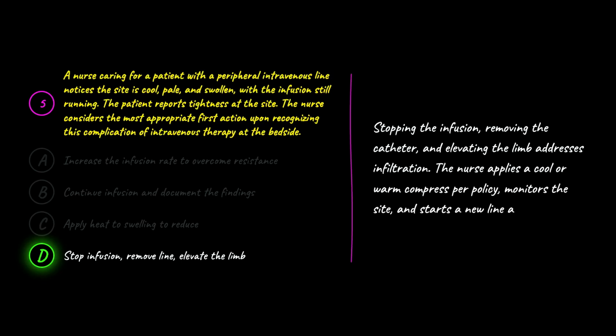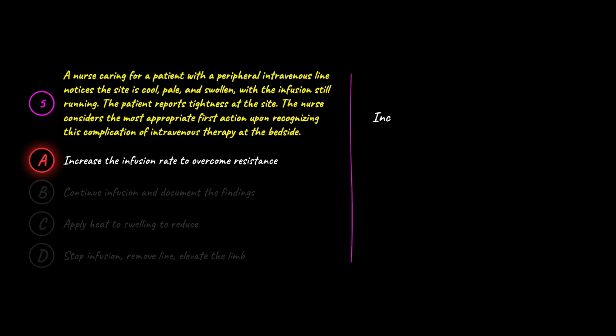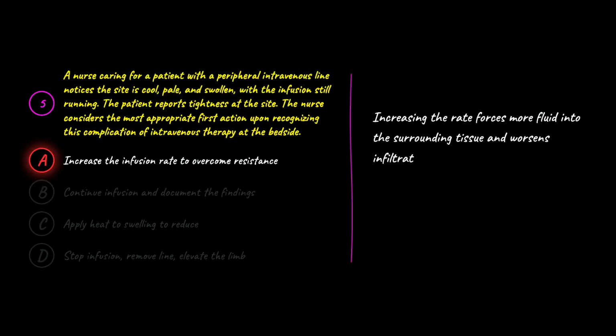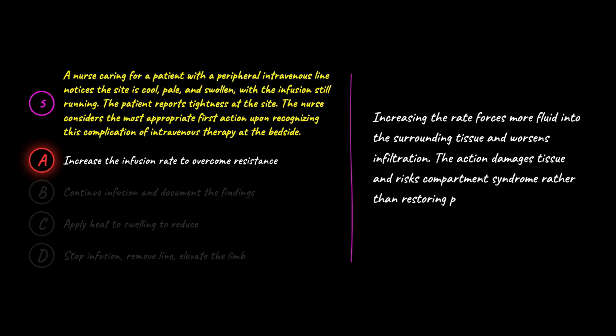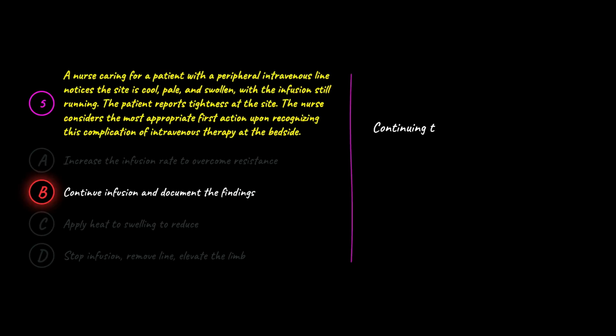A is wrong because increasing the rate forces more fluid into the surrounding tissue and worsens infiltration. The action damages tissue and risks compartment syndrome rather than restoring proper intravenous flow into the vein. B is wrong because continuing the infusion despite swelling and pallor allows ongoing tissue injury.